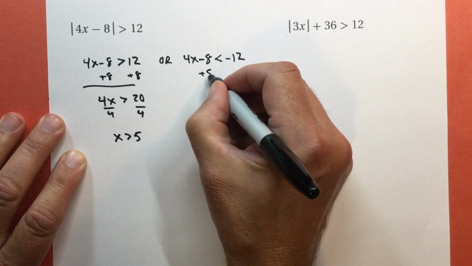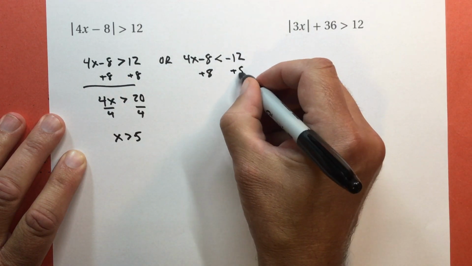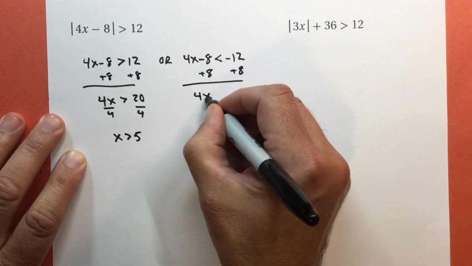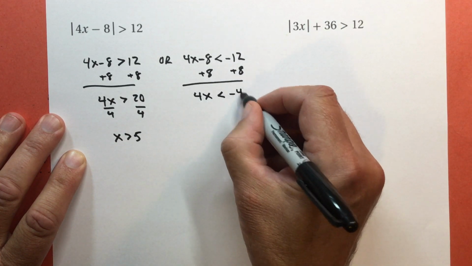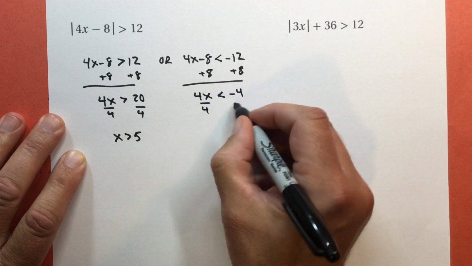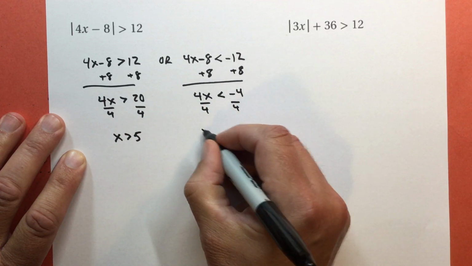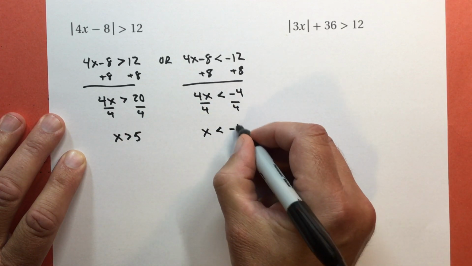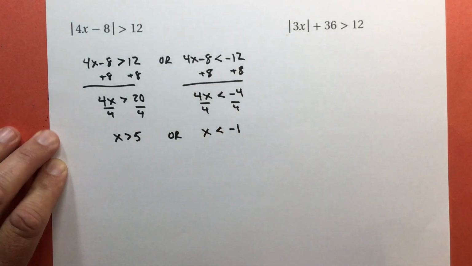So I'm going to add 8, just like I did here, and I get 4x is less than, this time, negative 4. I'm going to divide by 4, just like I did here. I'm going to get x is less than negative 1. And again, I'm using a disjunction, so it's or.